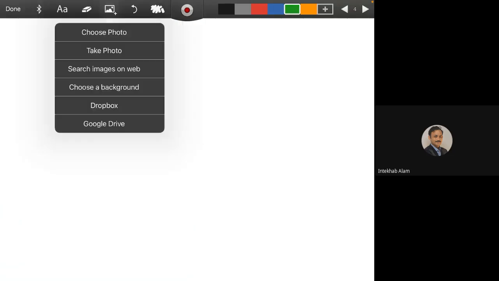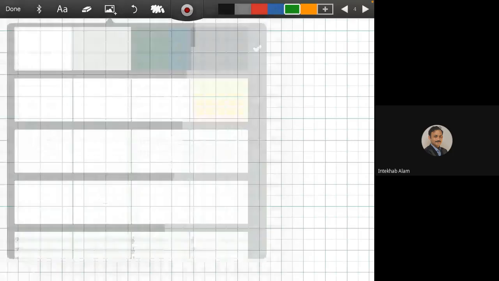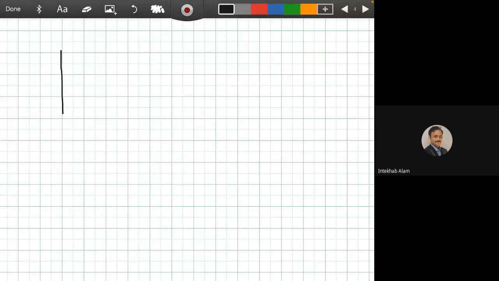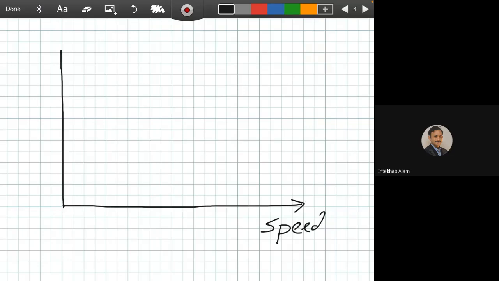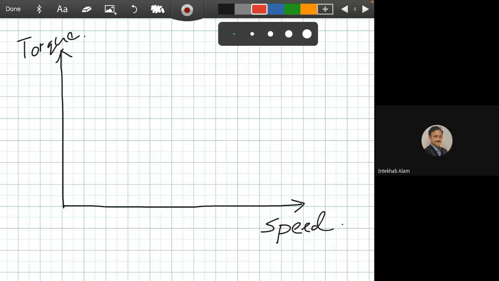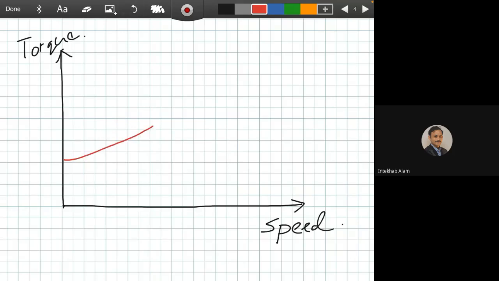How we can change the voltage. This is the speed, and this is the torque. Can you remember this type of curve or graph?